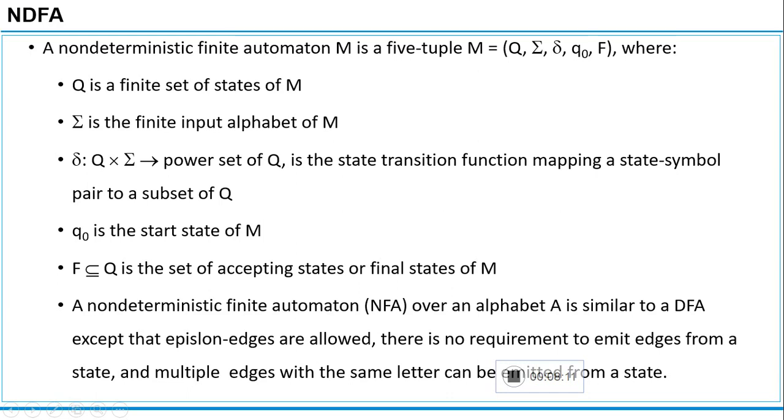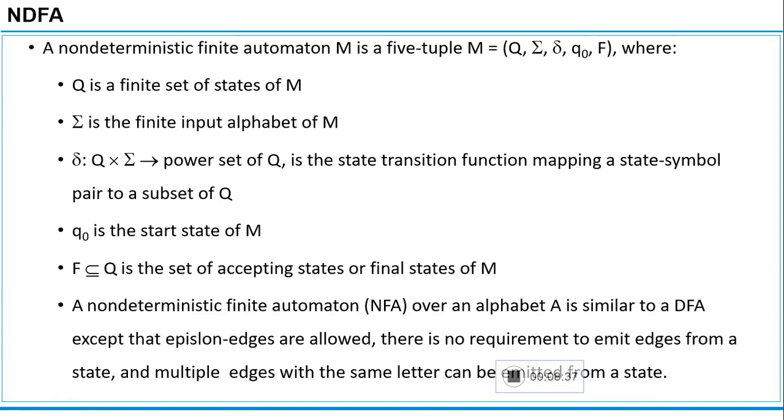Okay, the next one is NFA, or you can call it NDFA, that is non-deterministic finite automata. Non-deterministic finite automata is also going to have 5 tuples. You have a set of states, you have a set of input symbols, you have a set of transitions, we have a start state, we have an accepting state. Then what will be the difference between deterministic finite automata and non-deterministic finite automata?